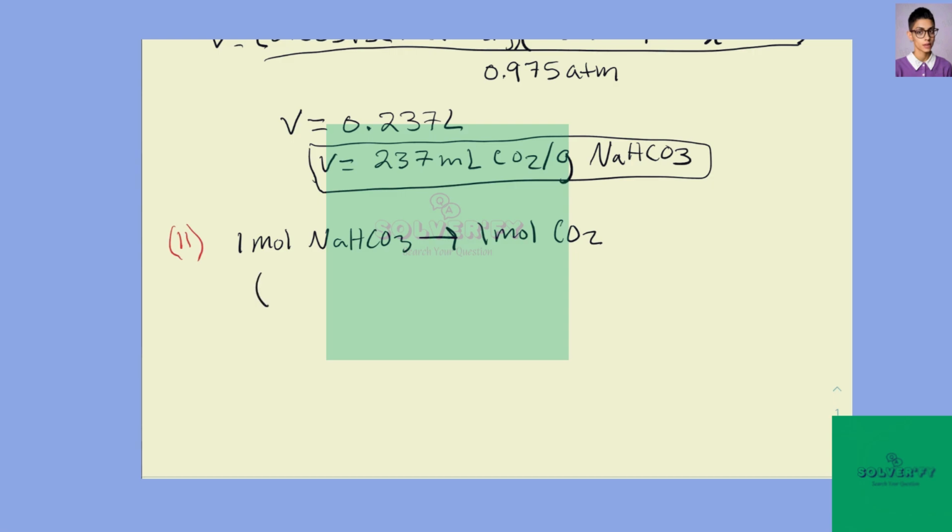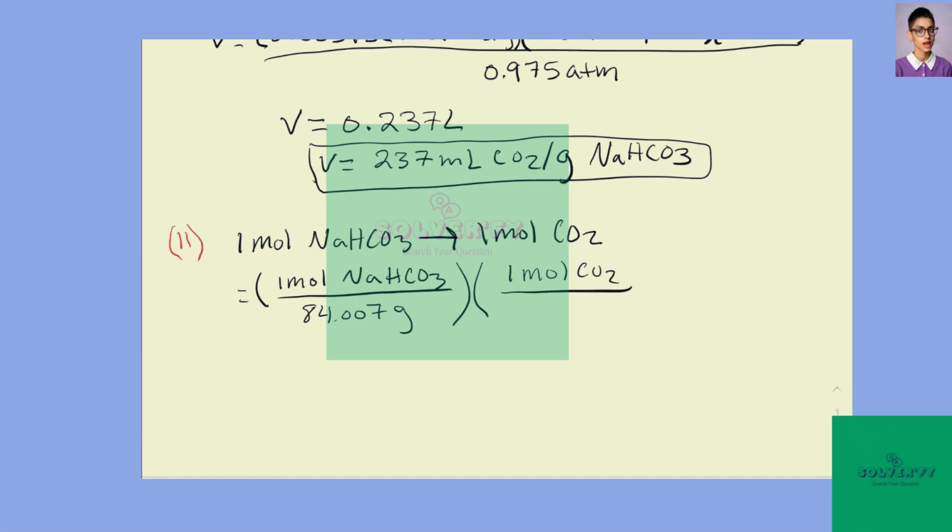We're going to find the moles of CO2 per gram sodium bicarbonate, so moles of sodium bicarb divided by its molar mass, and then multiplied by the ratio of CO2 and bicarb.